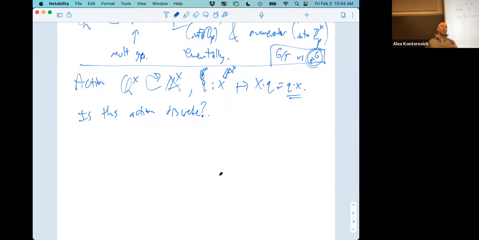Discreteness isn't the best notion, but it's a good enough notion for us. Does there exist, given any point, an open set around that point containing no others?